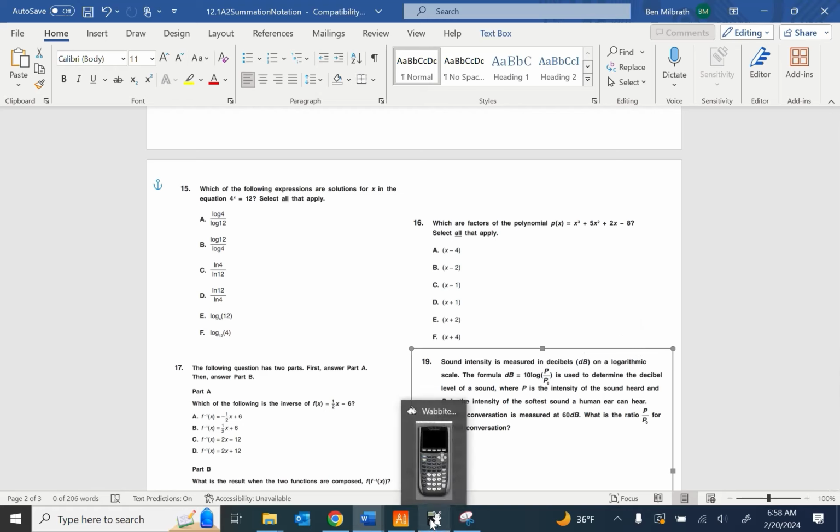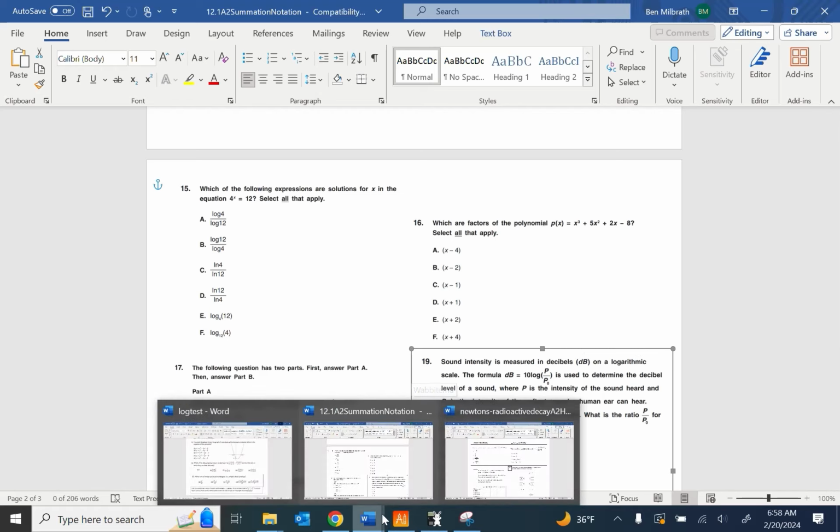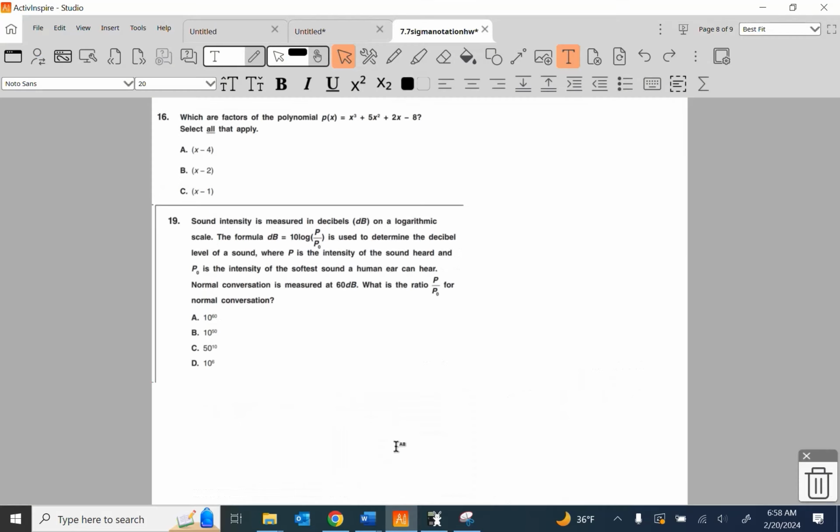Here's what we're going to do. I'll have to type it back, but what we're going to do is just plug in numbers. Factors are created from zeros. So let's make a list based on factors.